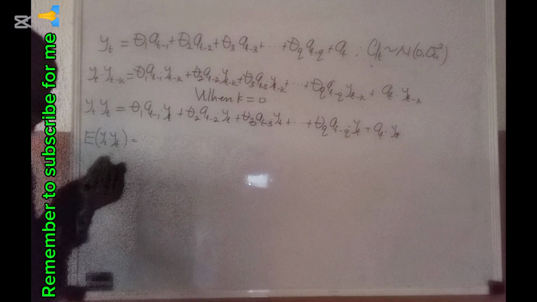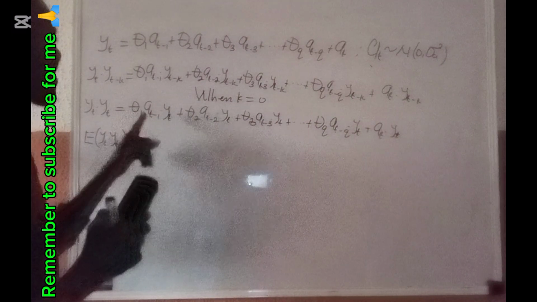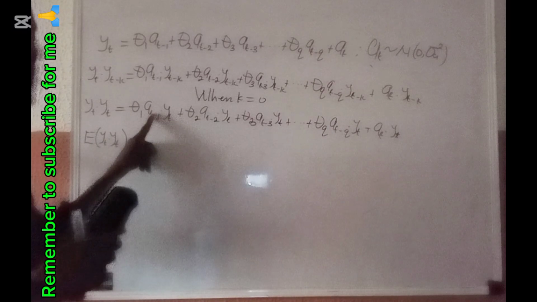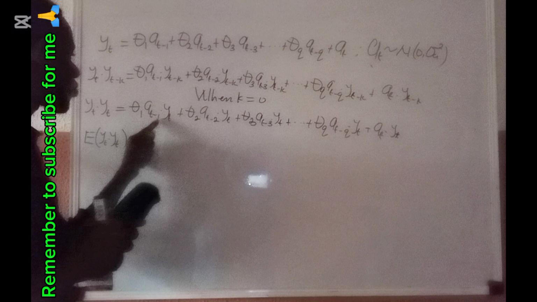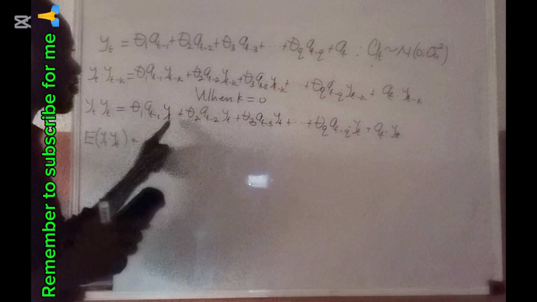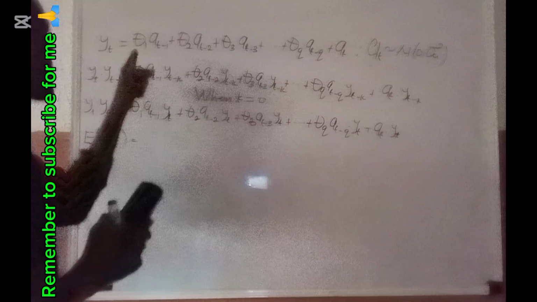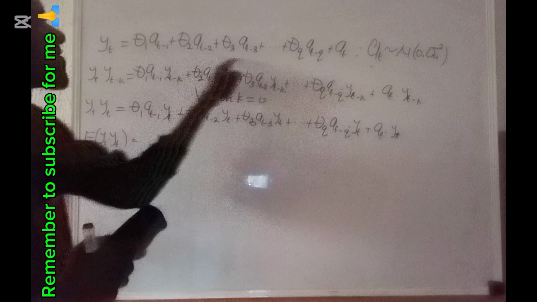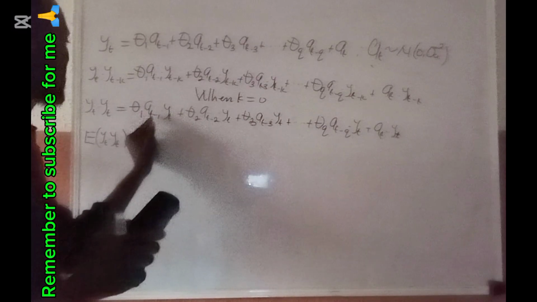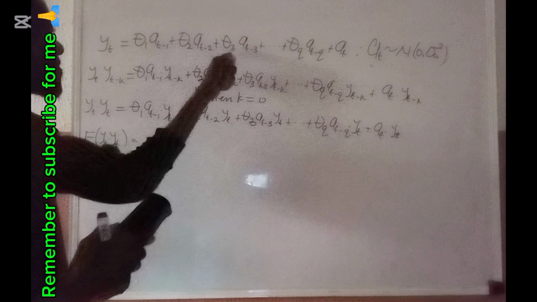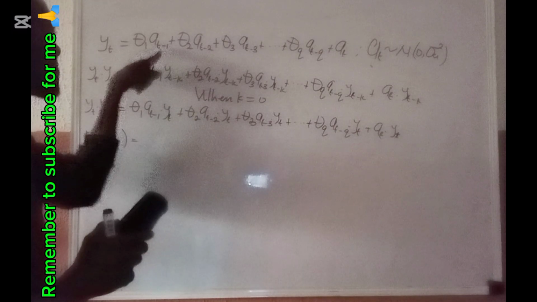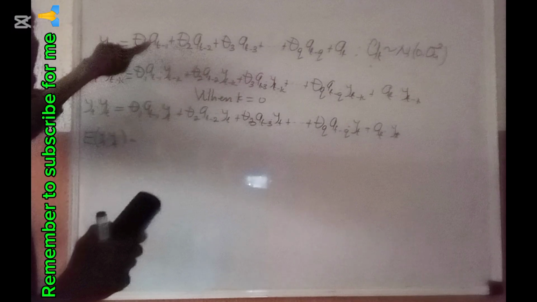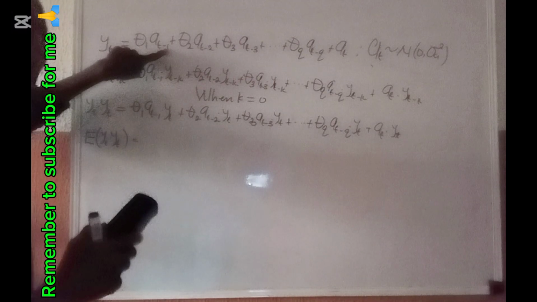This equals, when you are taking the expected value of this, what this quantity means is that a of t minus 1 is multiplying y of t, and you already know that y of t is this. So if I'm using this a of t minus 1 to multiply this quantity, the only place where the error term shares the same time is at this first place where I have a of t minus 1.